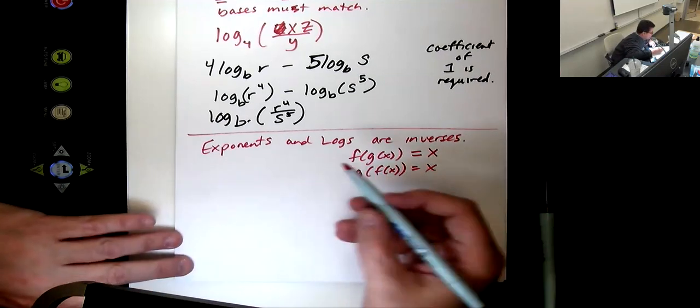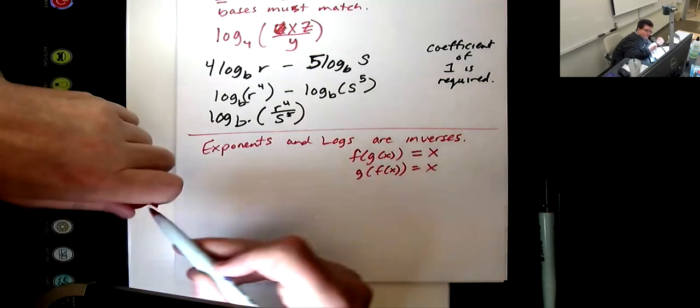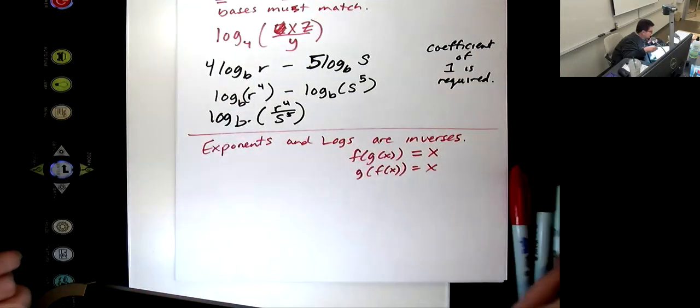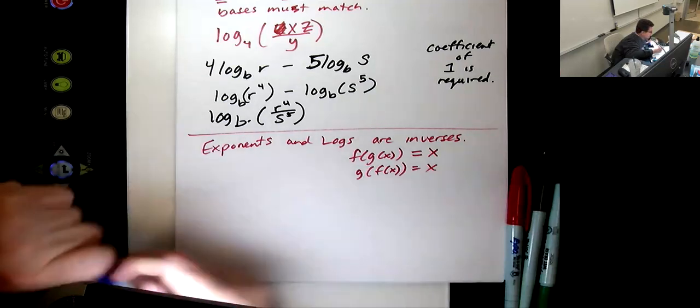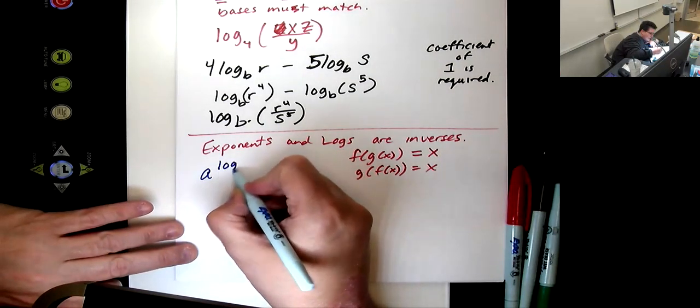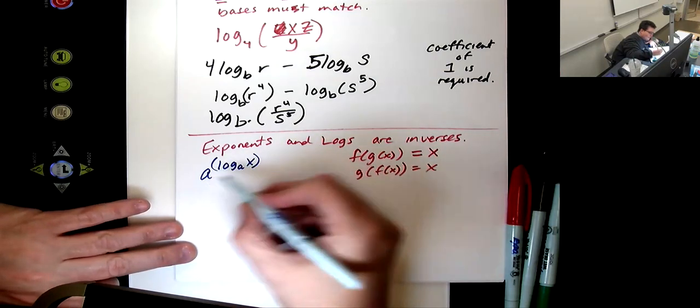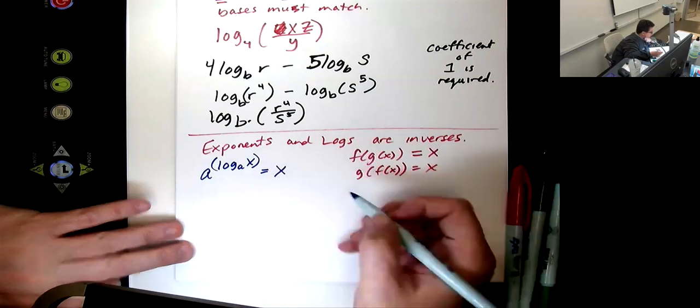The way we end up having these put together, we can have 2 formats that we'll see. A to the log base a of x, where log base a of x is the exponent for a, is just x.